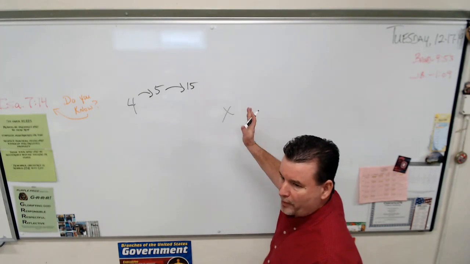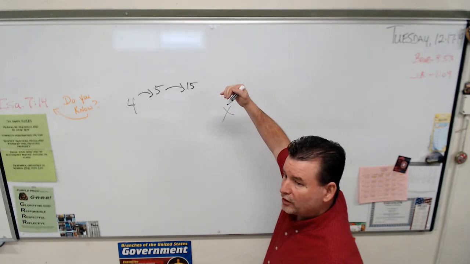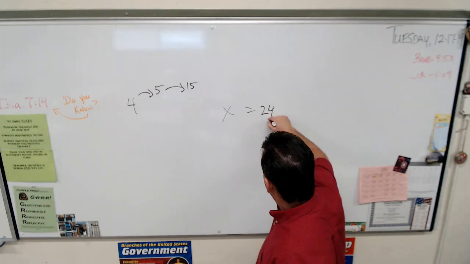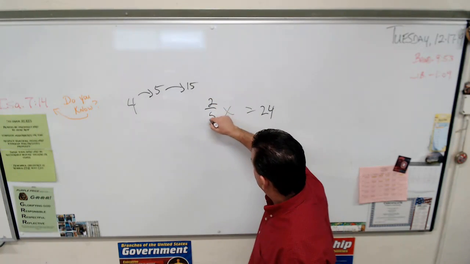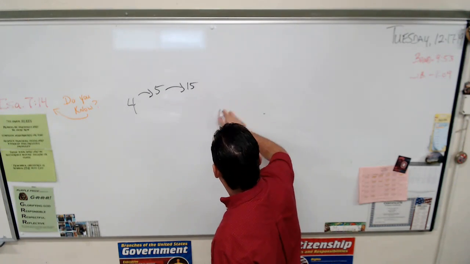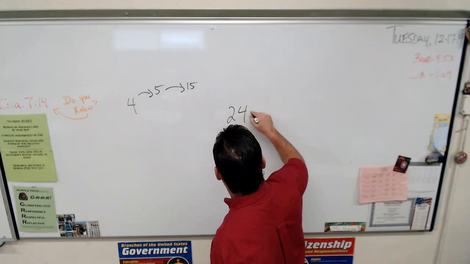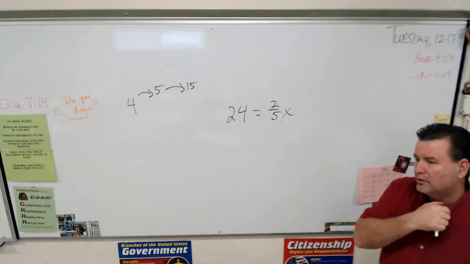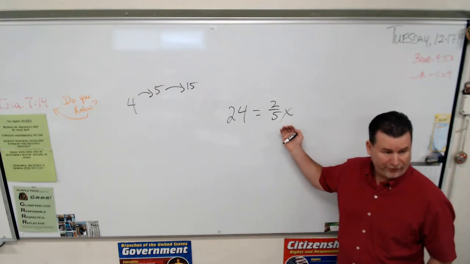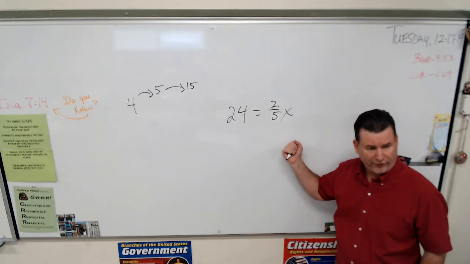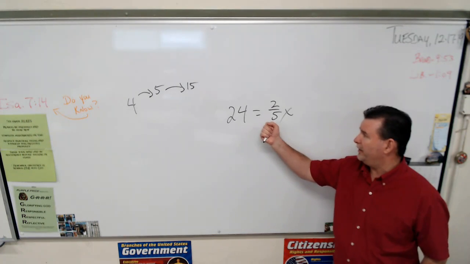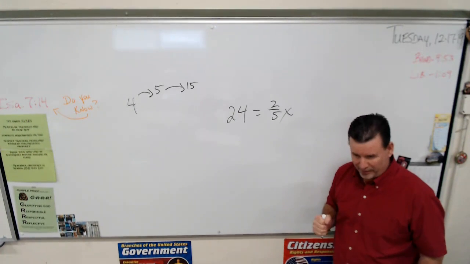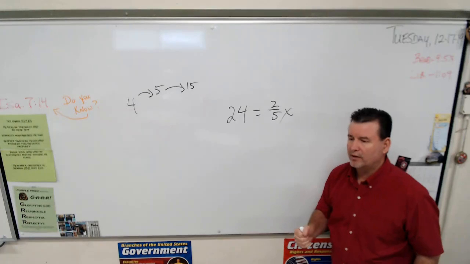If you used, remember we're going backwards, if you used 3/5, that means the 24 that you have is 2/5 of your total. Does that make sense? Okay.